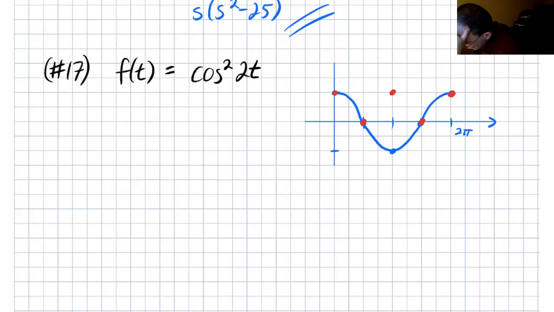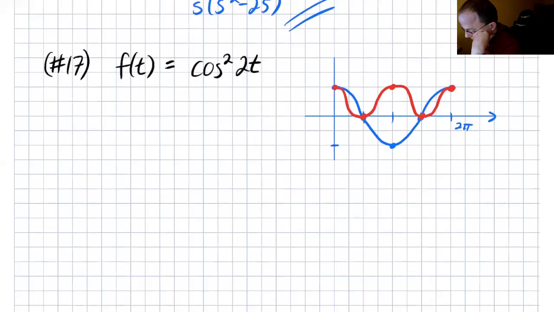So what we get is a function that goes like this. So that's cosine squared, and in blue, we have just cosine.